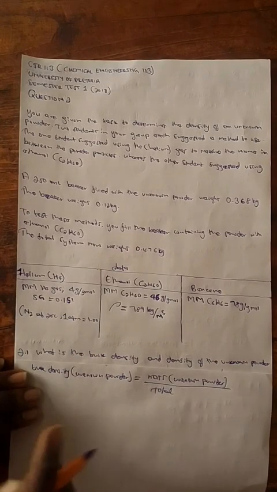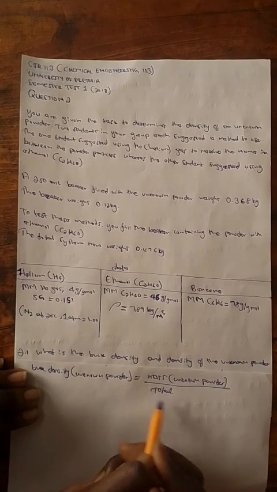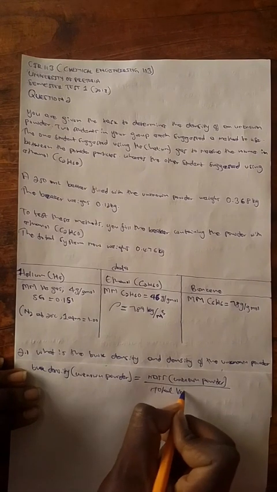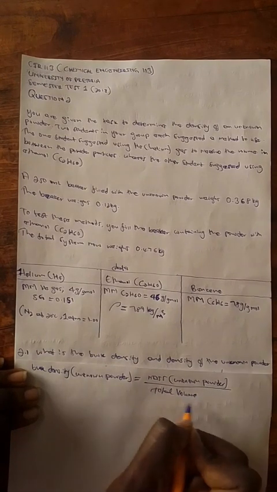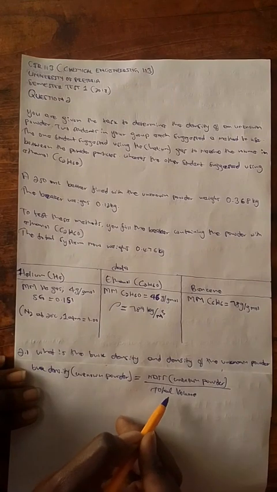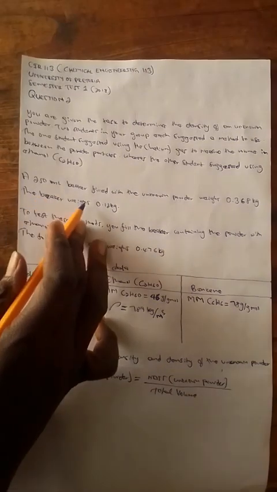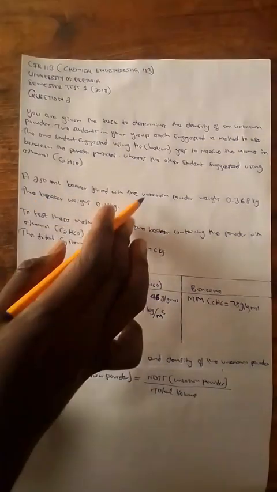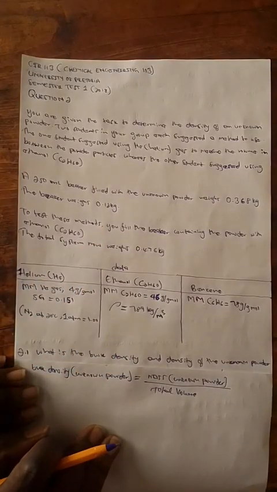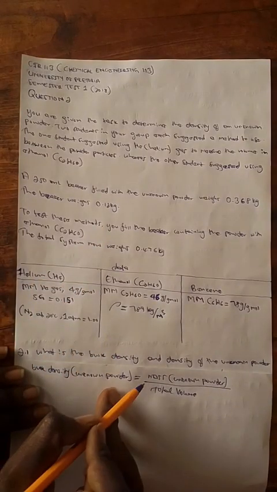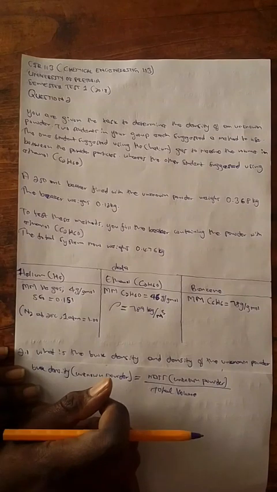So now, which means that we do have the total volume. We do have the total volume, which is the 250 ml beaker. That is the container that is actually containing the unknown powder. So now, what we need is the mass of the unknown powder.